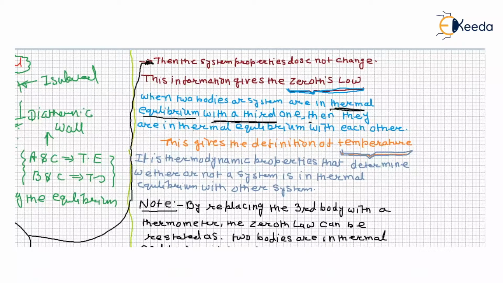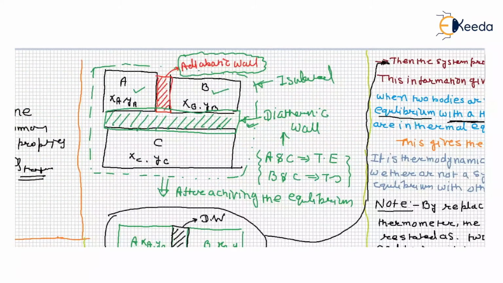That means system A and system B are in thermal equilibrium with the third one, and then automatically system A is in thermal equilibrium with system B though they are separated by an adiabatic wall.